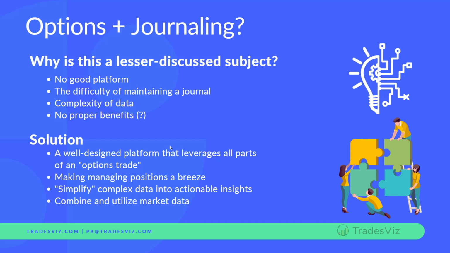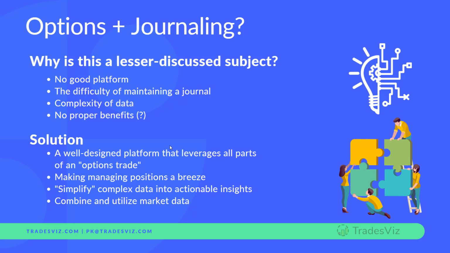It's very confusing and time consuming for a lot of people. Whereas if you take stocks or even futures, it's pretty much straightforward. Journaling is very easy. That's one of the reasons why a lot of options traders have a lot of difficulty with journaling. This is why it is a lesser discussed subject for options traders.